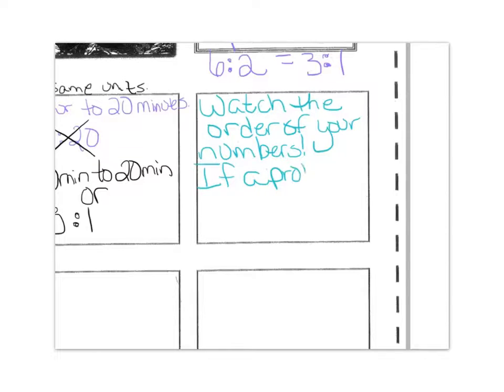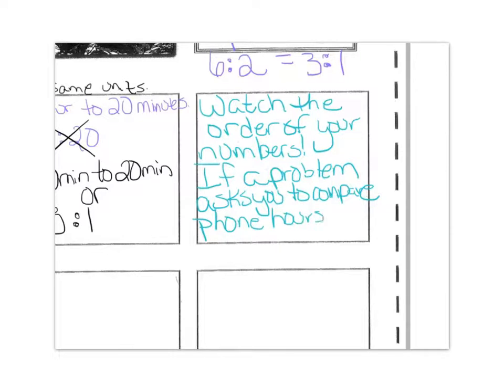If a problem asks you to compare phone hours, like the number of hours you're on your phone, to study hours, you write phone hours first. Because it comes first in the problem.